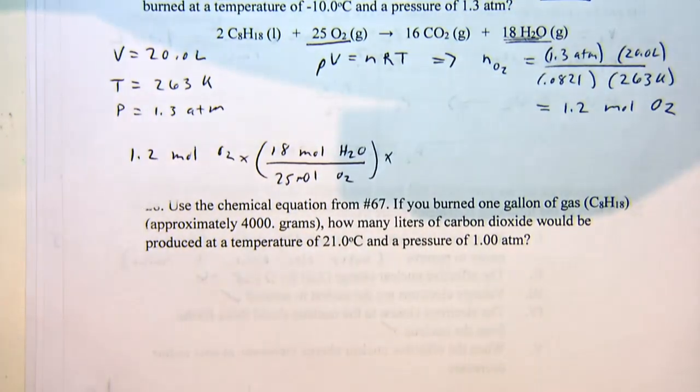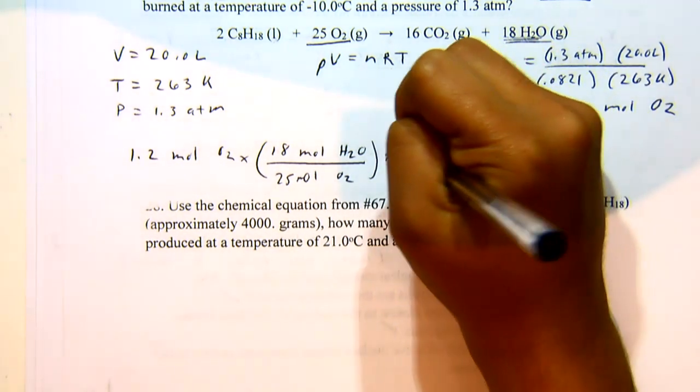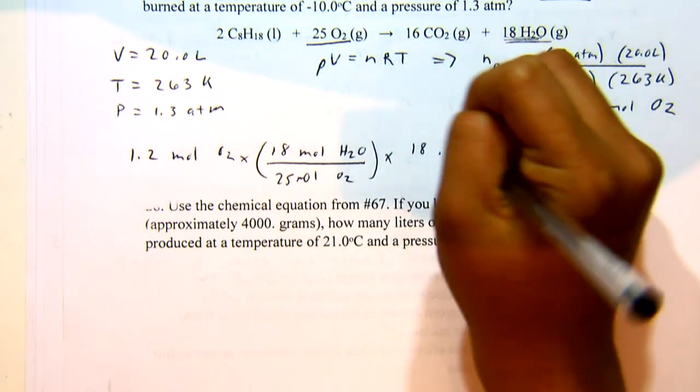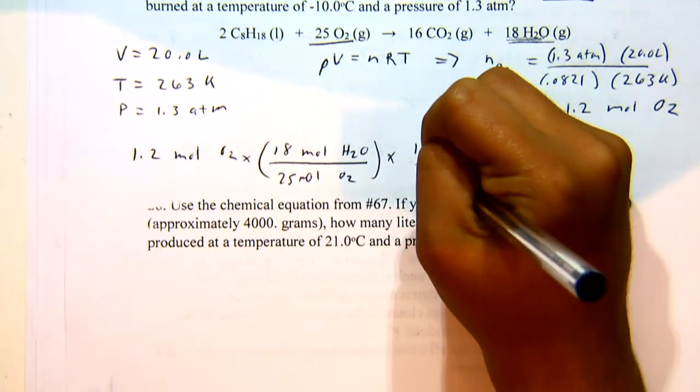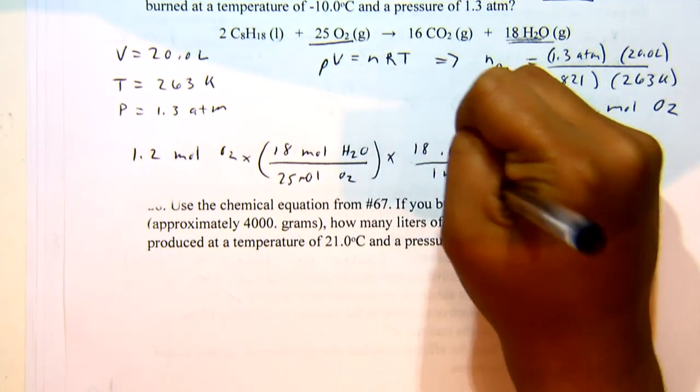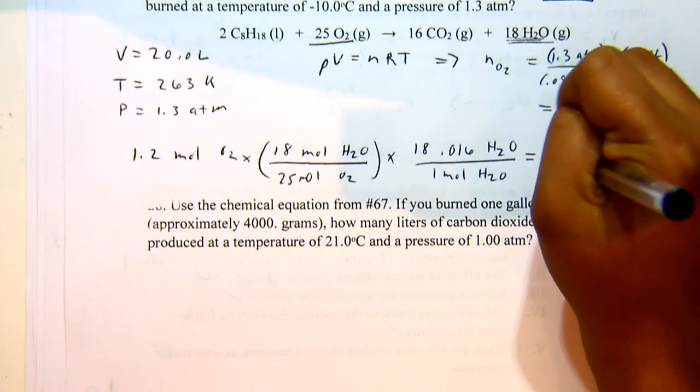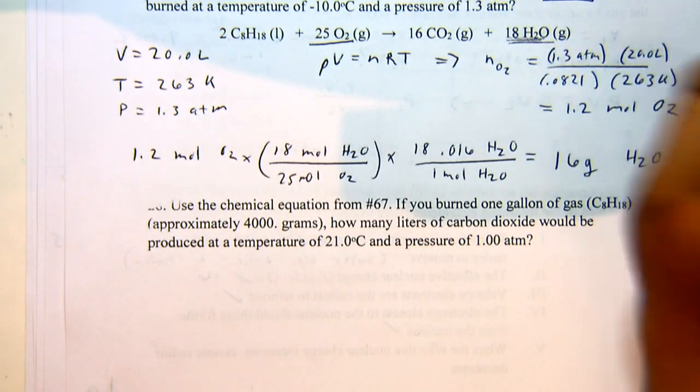And now we want this in grams, not in moles, so we're going to use the molar mass of water to do a molar mass conversion, which is going to look like this. So in total, we are going to have 16 grams of H2O produced.